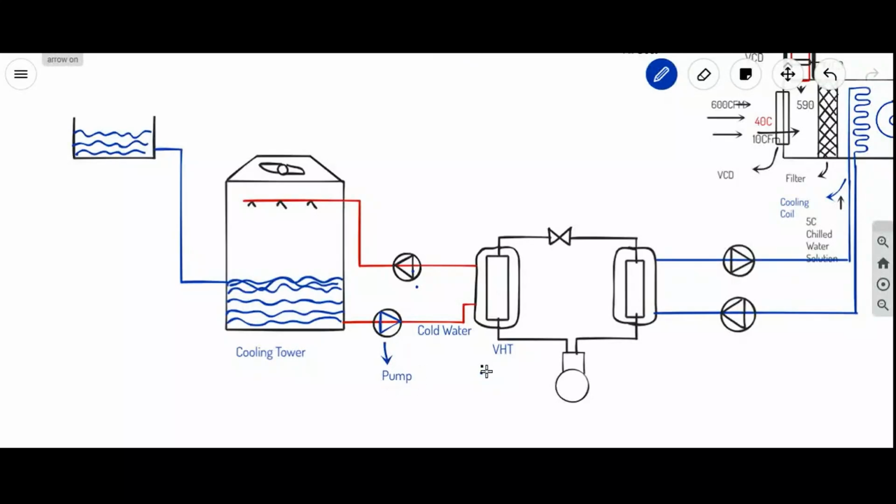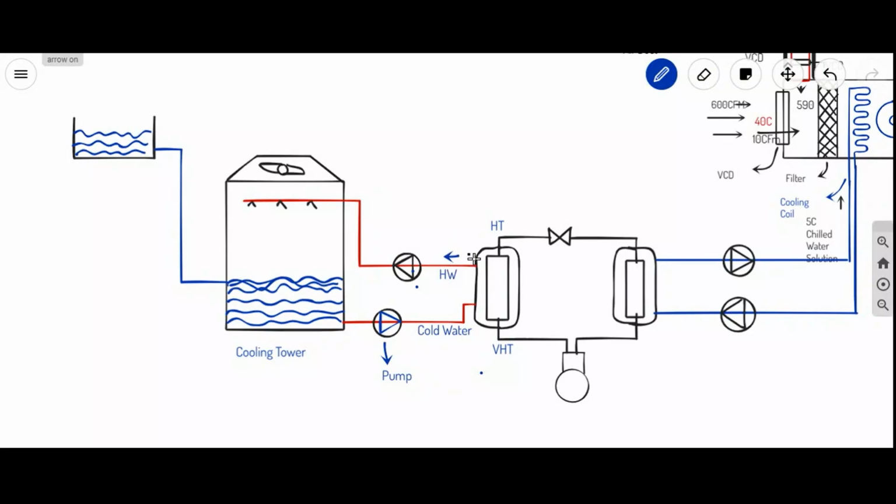Now this water enters. It's a shell and coil or shell and tube type condenser. Very high temperature refrigerant will become high temperature refrigerant. So cold water will become hot water, right?